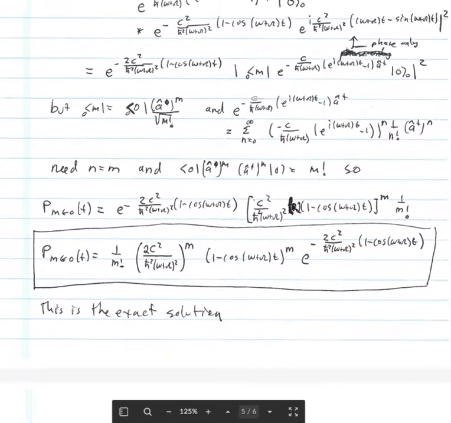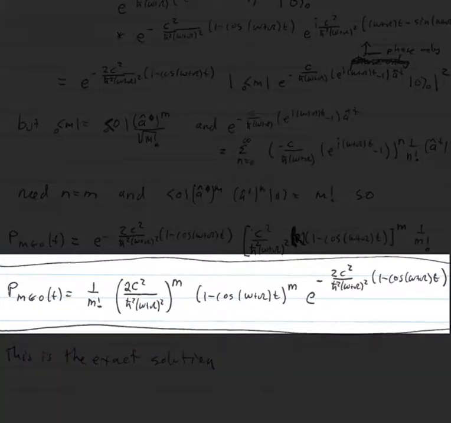Okay, so let me take you back here. Let's take a look at this. We have to first set m equals 1. And then I have to expand that exponential as a power series in c squared. And we only take the lowest order term, which means replace the exponential by 1.